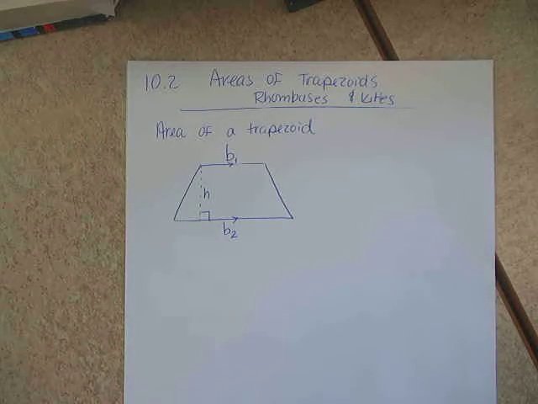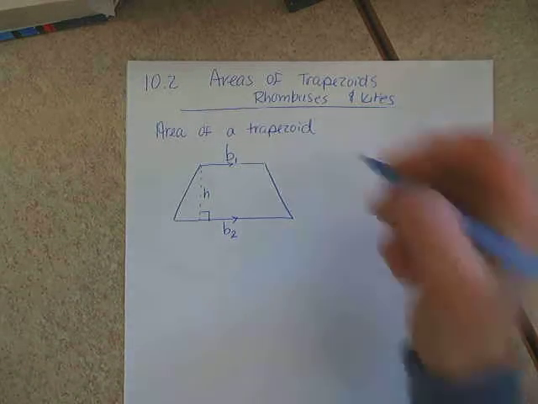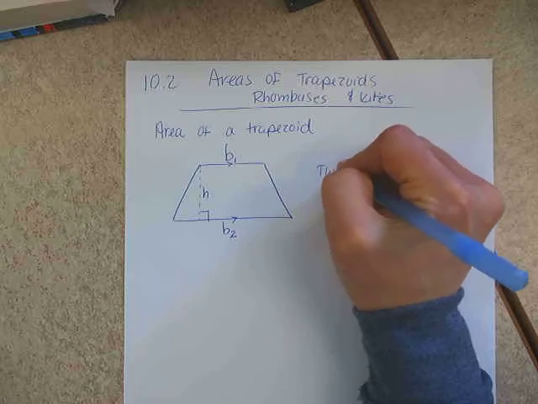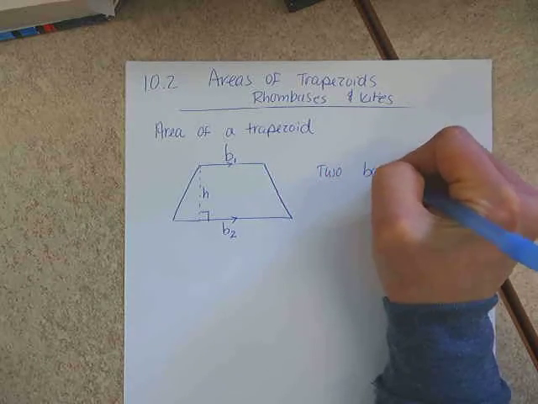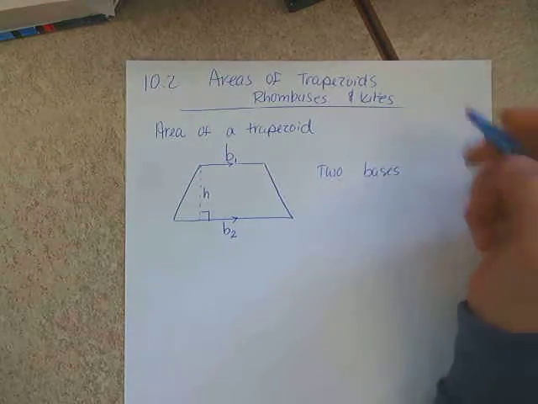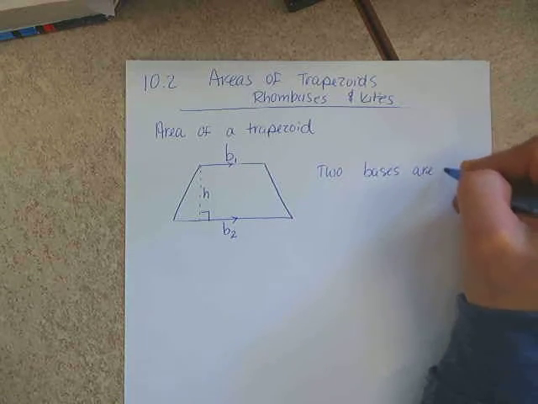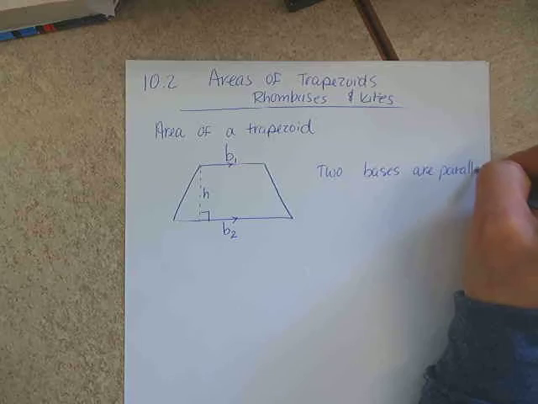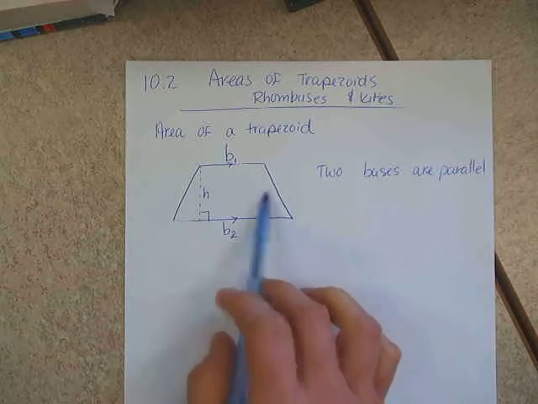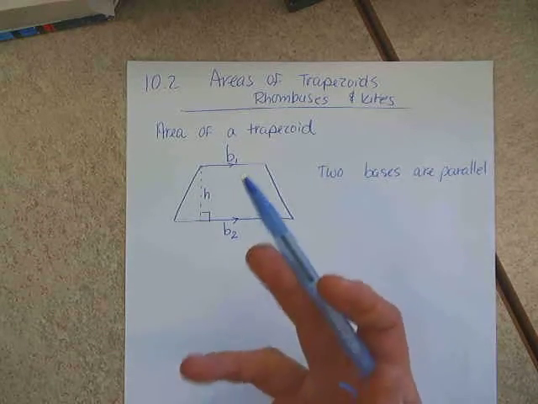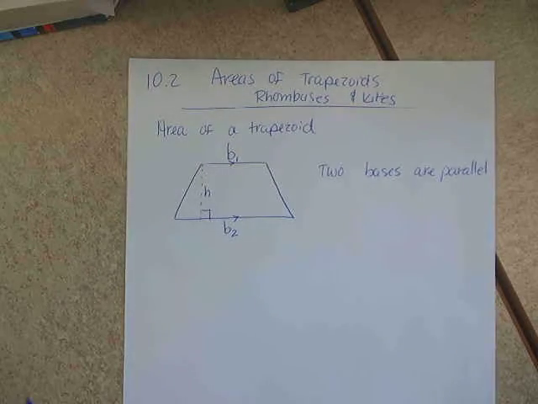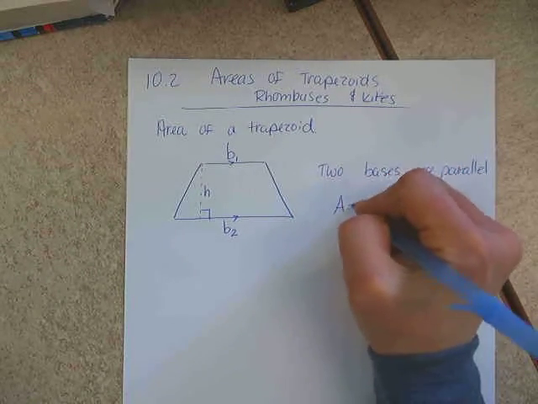So that's really what we're looking for in a diagram. Two bases. The two bases are parallel. That's one thing you need to know, so you can't use the legs as bases, right?